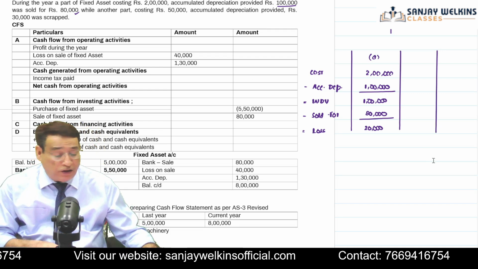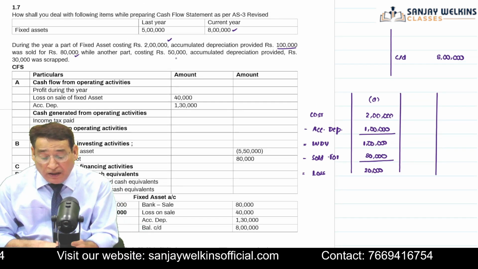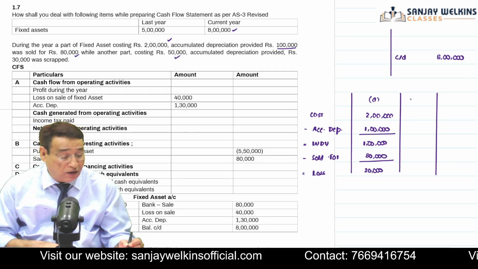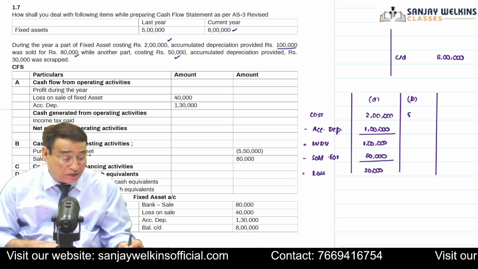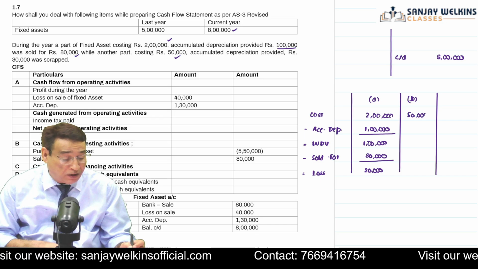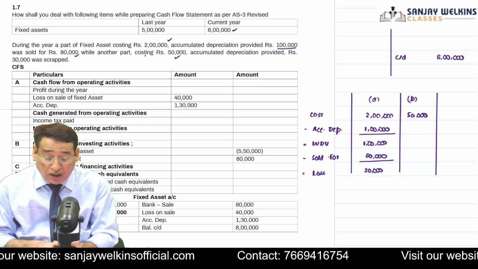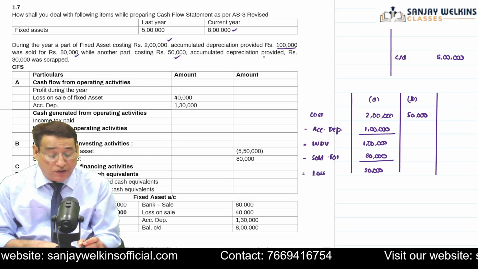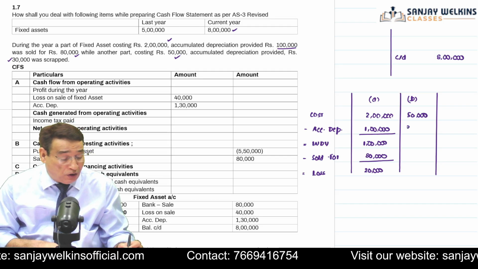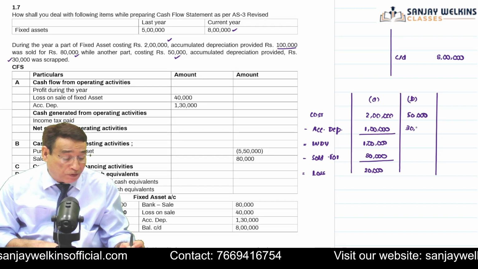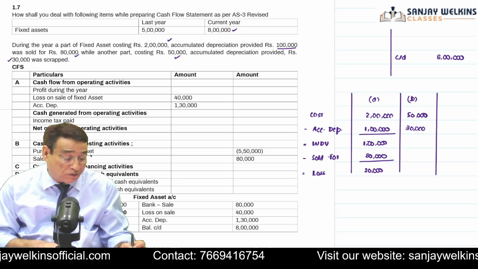Also it is given another part costing 50,000. Now another part of the fixed asset is there and it has a cost price of 50,000, so you are going to write here 50,000. Accumulated depreciation provided is 30,000, and on this part we have provided depreciation to the extent of 30,000.